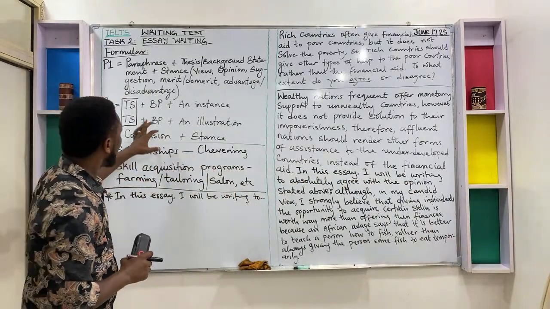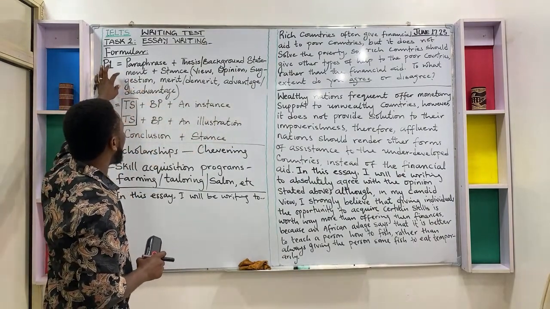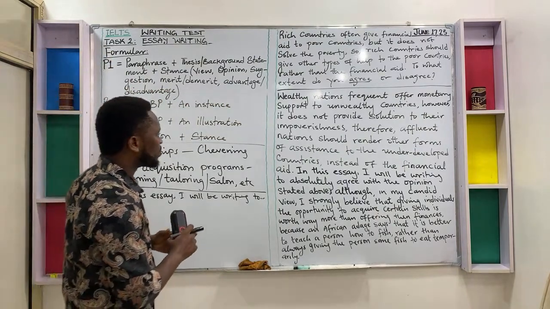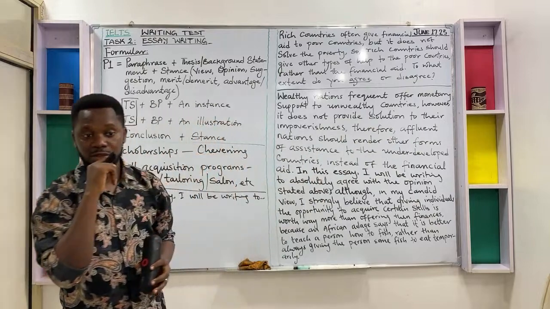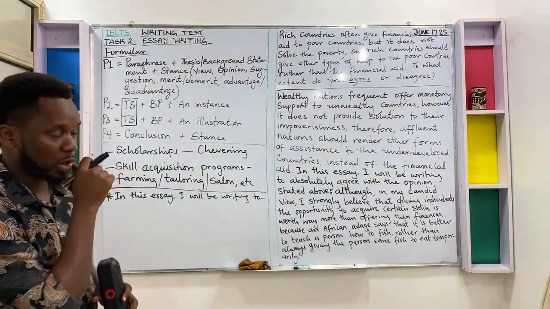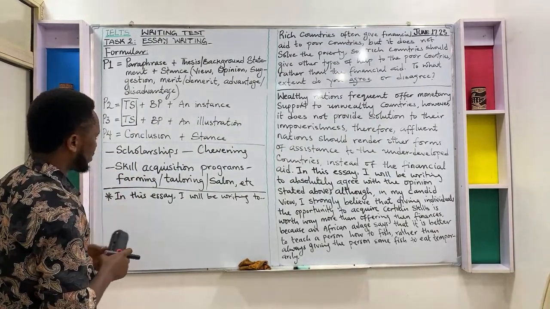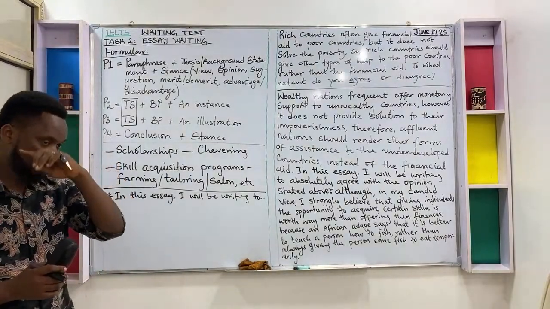What you must understand is in essay writing, if you are able to identify the area or the sector where the question is coming from, you should be able to also use the terminology for that sector. So that will also help you to build more advanced vocabulary, right? So this is how the essay should go.